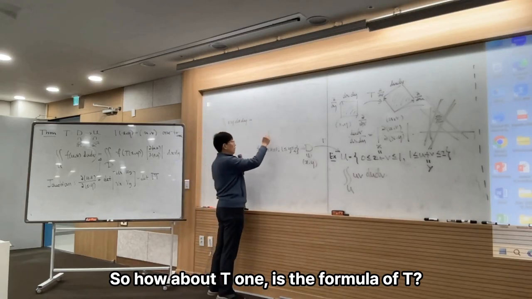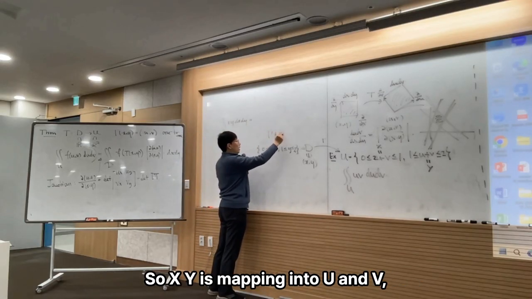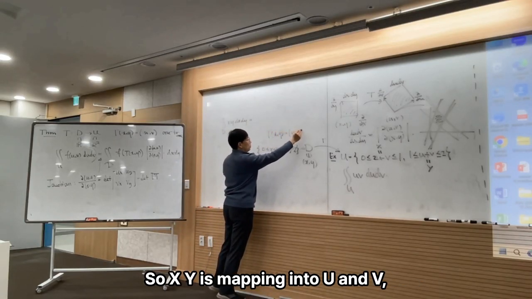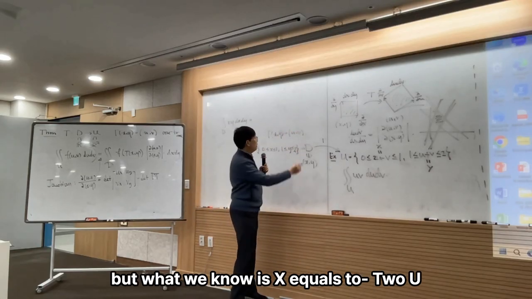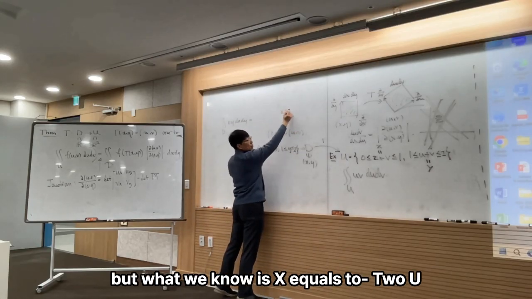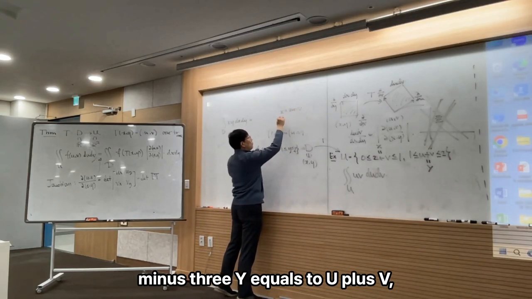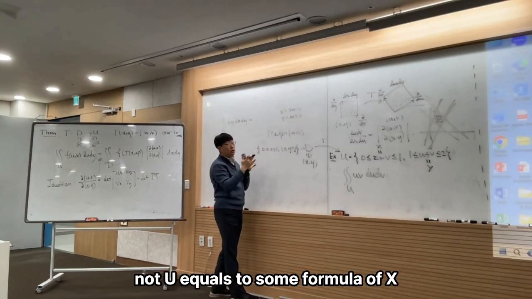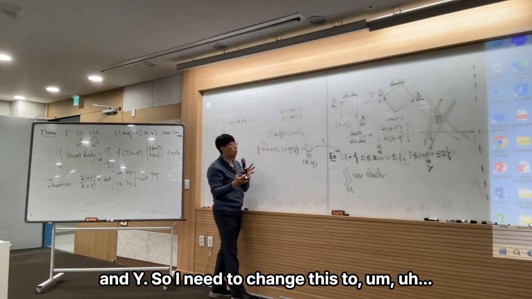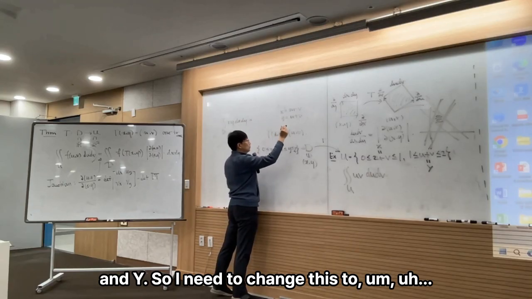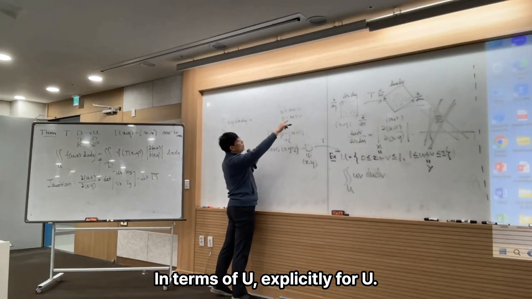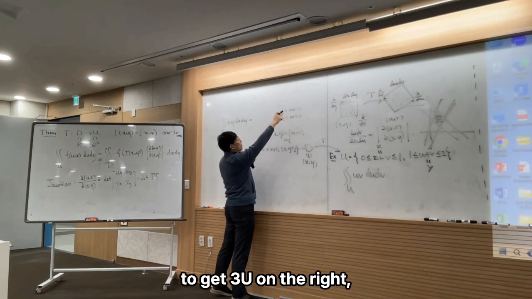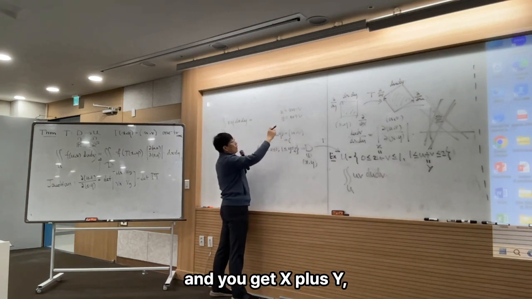So how about T? What is the formula of T? So xy is mapping into u and v, but what we know is x equals 2u minus v, y equals u plus v. Not u equals some formula of x and y. So I need to change this to be explicit for u. So let's add these together to get 3u on the left, and you get x plus y.